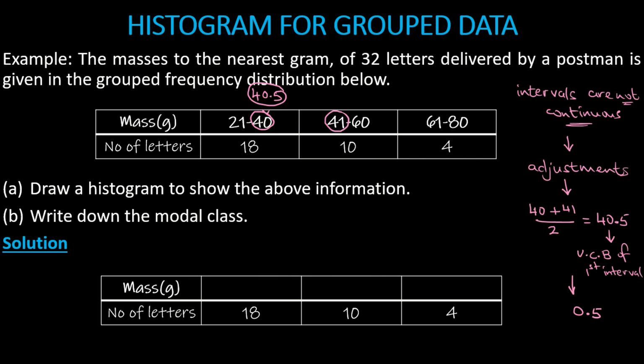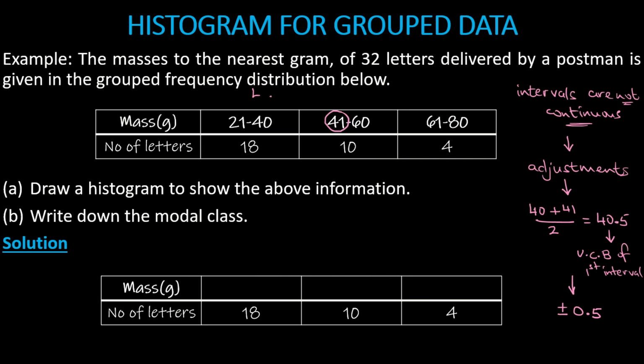Right? Now when we talk about adjustment, it has to be before and after the boundaries, meaning you have to put plus and minus. Right, so let us do the adjustments.